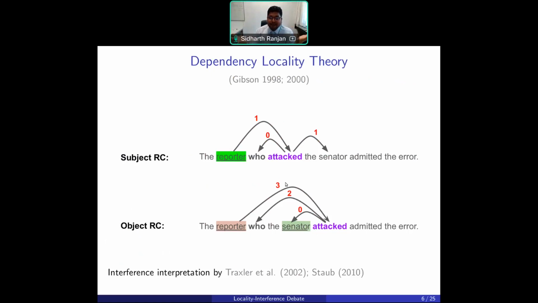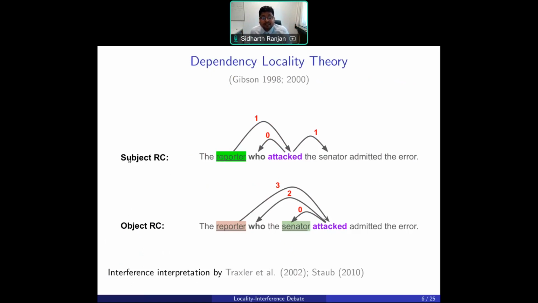However, the same outcome can also be achieved using an interference-based interpretation. In this case, if reporter and attack need to be integrated with each other, there is a word, senator, which has similar feature attributes to the reporter and therefore can act as a potential confounder, and that can cause retrieval difficulty.